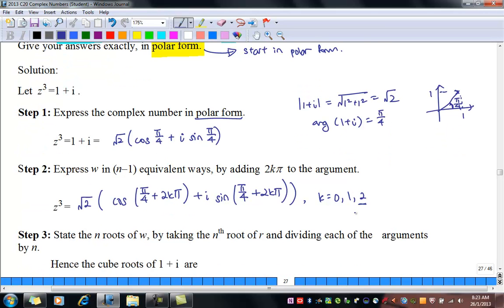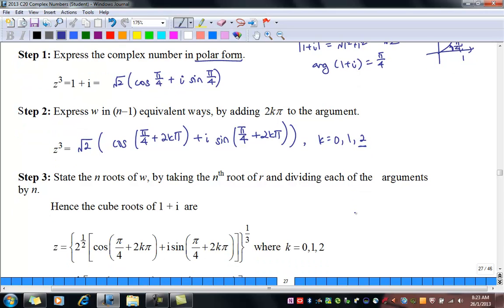Now we move on to the next step, in which I'm going to use De Moivre's theorem to find the cube root, and therefore I'm going to raise it to the power of 1/3. If you recall, the modulus of z would be the modulus of w to the power of 1/3. So this is 2 to the power of half, to the power of 1/3, which is 2 to the power of 1 over 6.